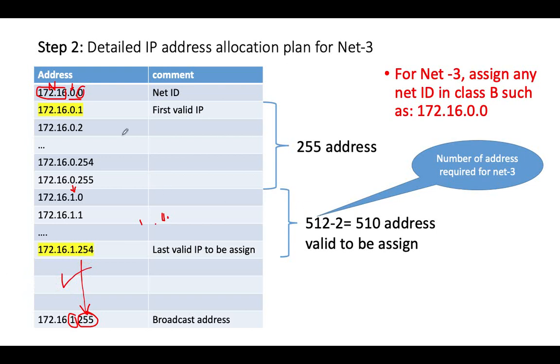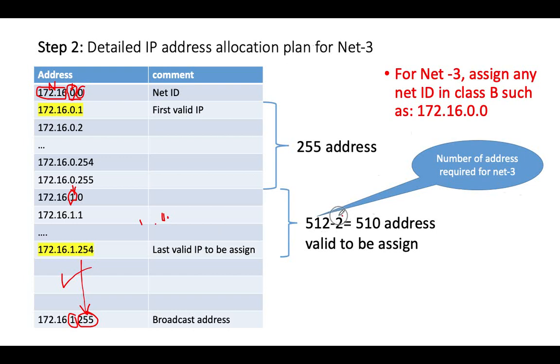So I have here, since I have taken the 0 byte, which can give me 256, and the 1 byte, which can give me another 256, that means 512.